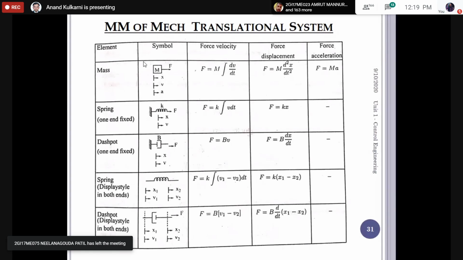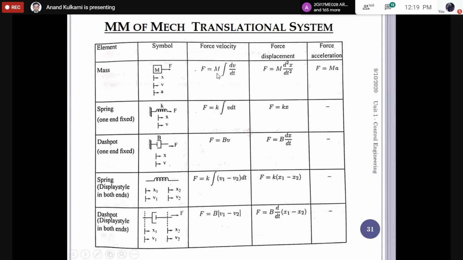If you want output in terms of displacement, you write it in terms of x. If you want it in terms of velocity, you write it in terms of v. Write it in terms of acceleration if you want it in acceleration. So here, there is actually a mistake: by mistake there is an integration sign.